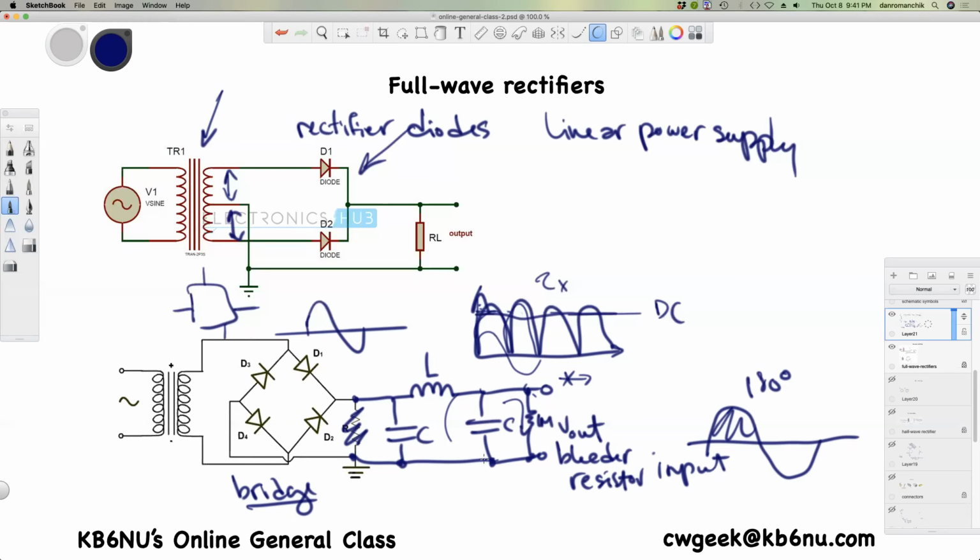And question. On that LC circuit there, that's filling in the gaps, right? I mean, they're discharging when the voltage drops down, to fill in the gaps. Yeah. So let me draw that a little bit bigger, maybe.